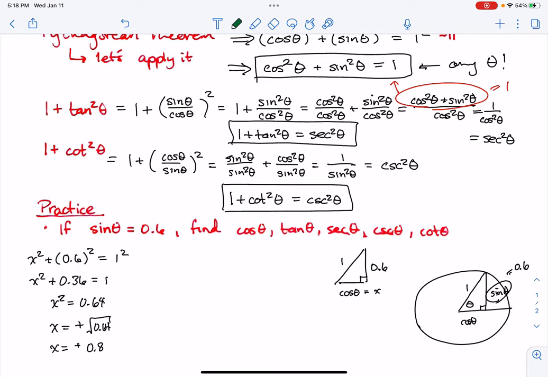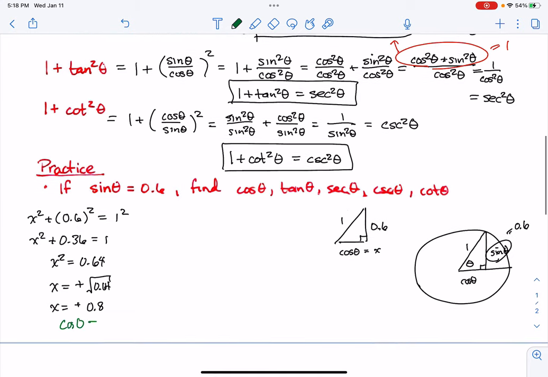So if I know that cosine of theta, let me scroll down, cosine of theta equals 0.8, I can find everything else, right? Because tangent of theta is sine over cosine, right? So that's 0.6 over 0.8. All right, we can simplify that a little bit.